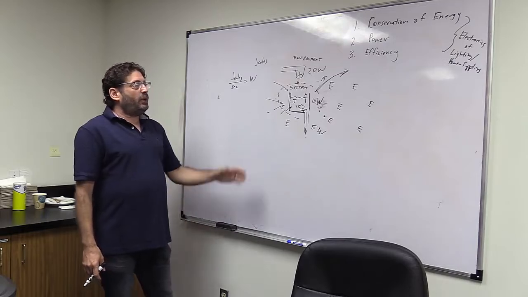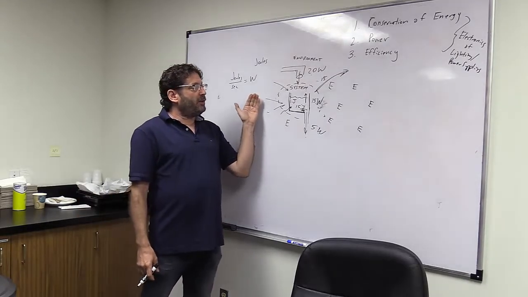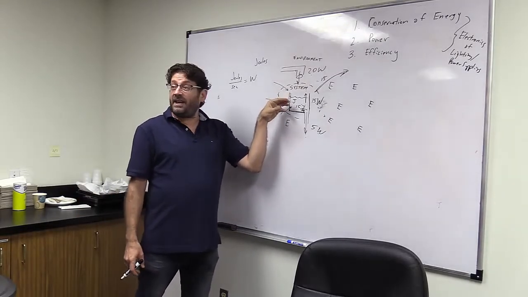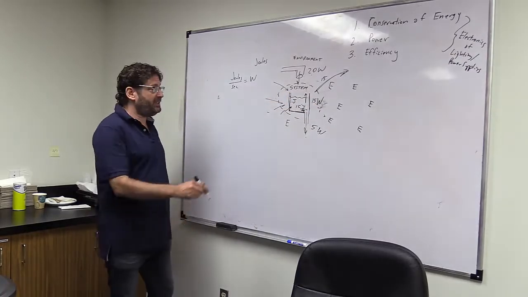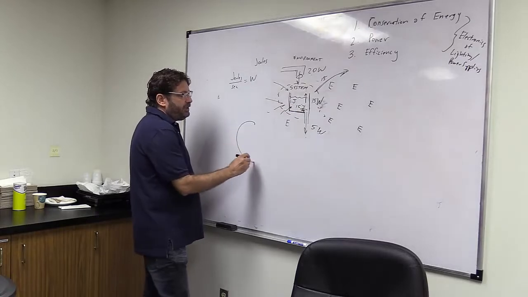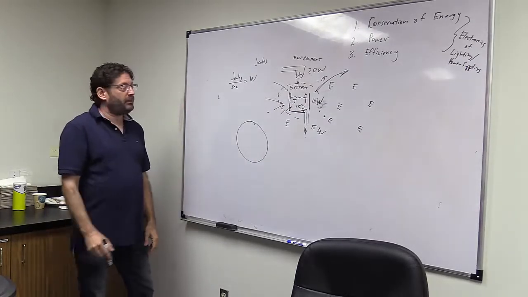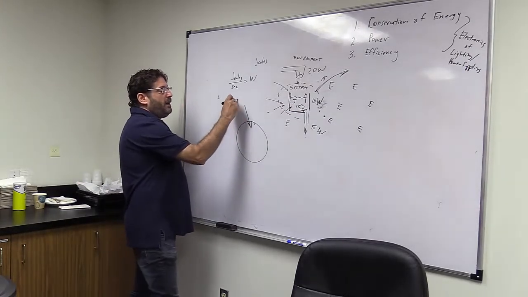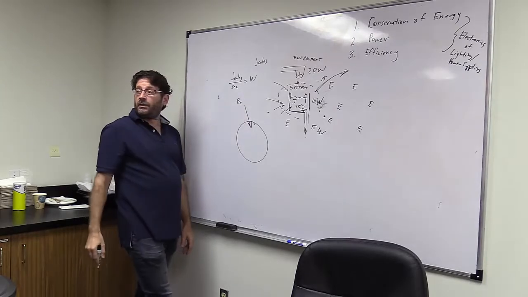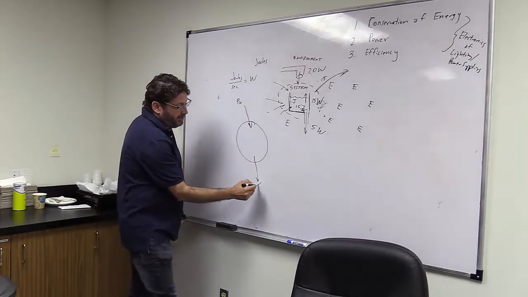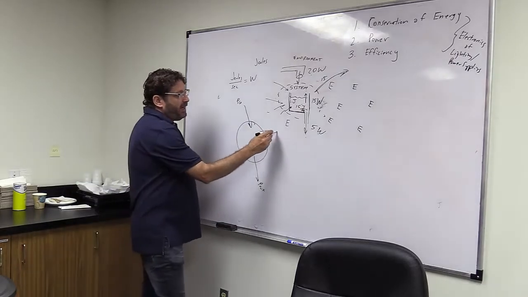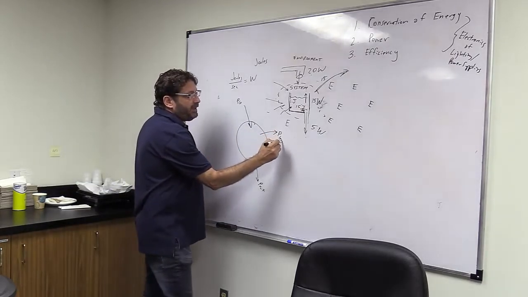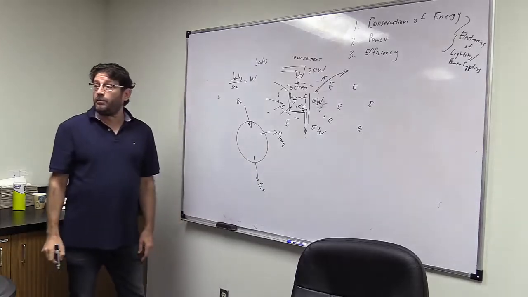So what do we have here? I told you that conservation of energy meant that whatever goes in either has to stay inside or has to go out, but nothing's created or destroyed. So what does that mean? It means if I redraw the system where I have my power in, okay, and I have my power out, okay, and I have my power leaving, right, or overflowing.